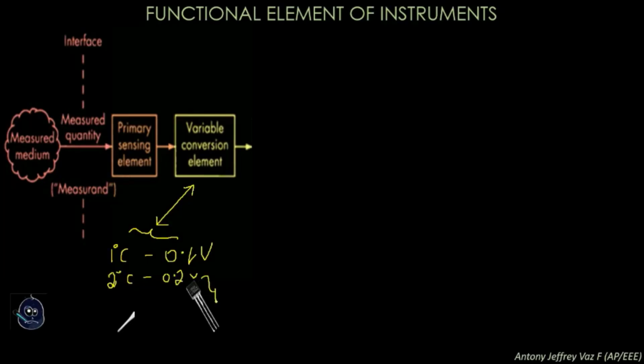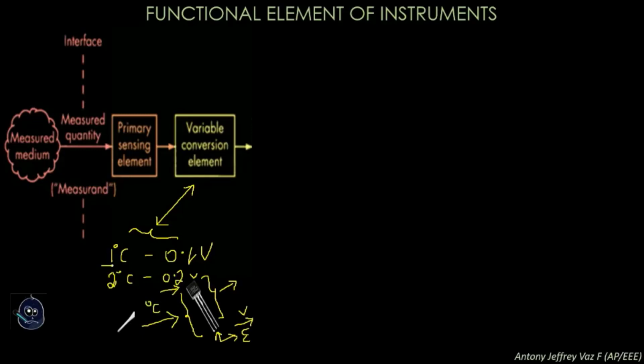This conversion element, that is the sensor, helps us to convert the temperature which you give as an input into another varying quantity which is electrical. Here the electrical terminals or pins of the sensor give you an output of electrical energy which corresponds to voltage, and the input is the physical energy which is temperature in degree centigrade.